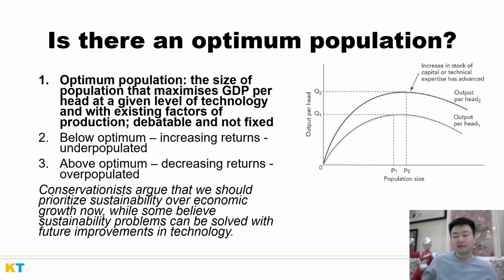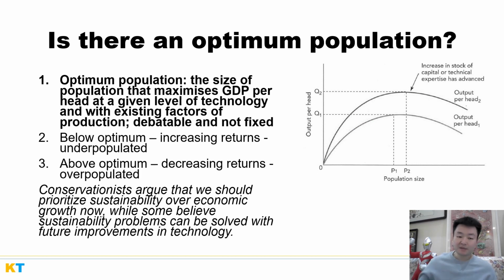In fact, you'll notice that technology and efficiency improvements have allowed the Earth to sustain larger amounts of people. Also, discovery of new factors of production can help sustain a larger amount of people. Now, the idea is that if we are below an optimum population, then there are increasing returns to increasing the population size, and so the Earth is, in this case, underpopulated.